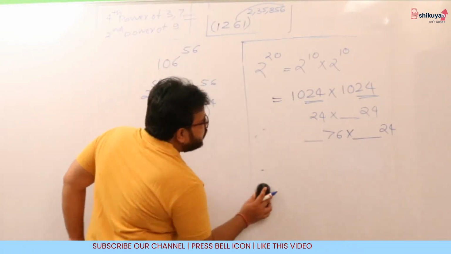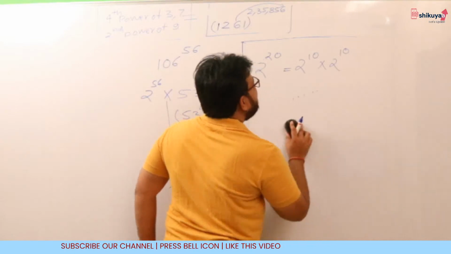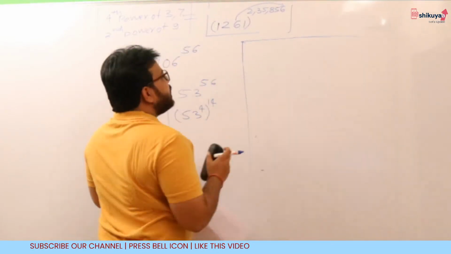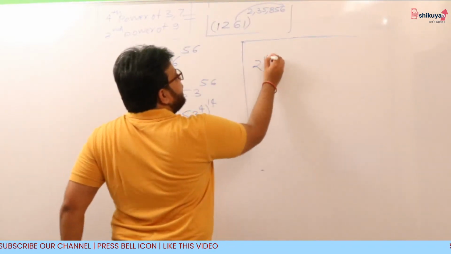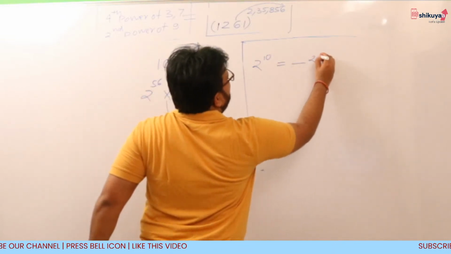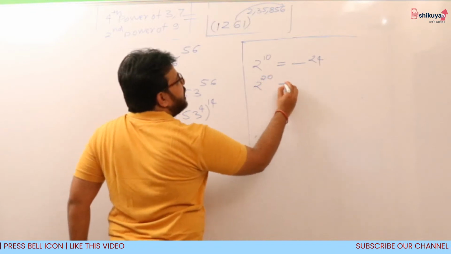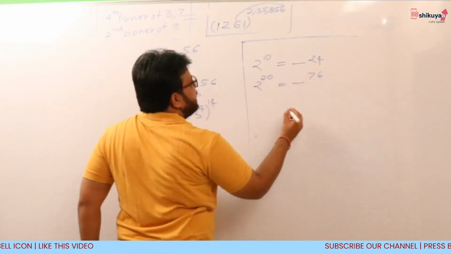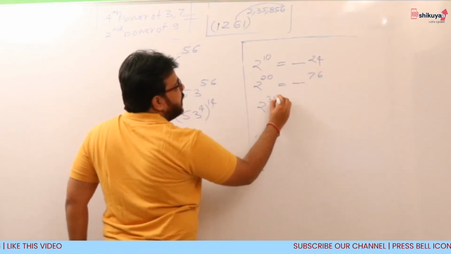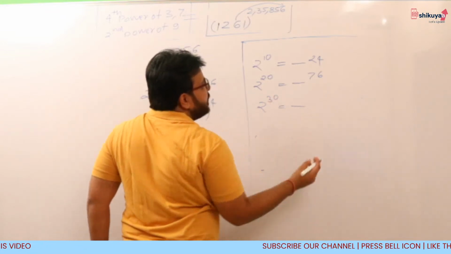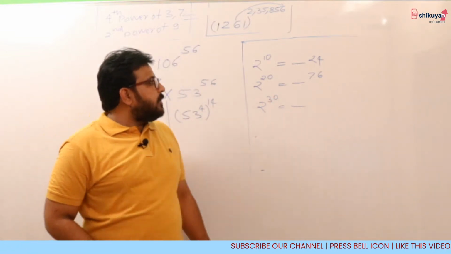If I tell you that 2 raised to 10 is ending in 24, I am not bothered about the rest of the number. 2 raised to 20 is ending in 76. 2 raised to 30 is ending in, yes, tell me the pattern.